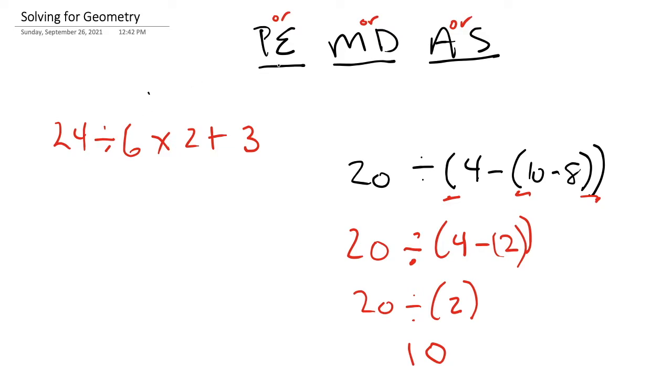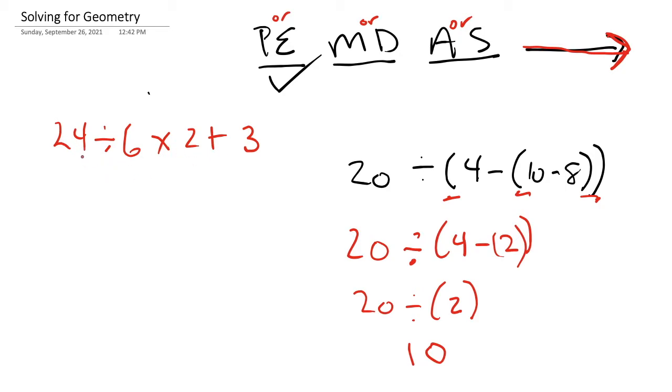You ask, are there any parentheses or exponents? No. Check. Are there any multiplying or dividing? And there are two. There is a division and a multiplying. So we go from left to right. We always go from left to right. We don't just do the multiplication first. From the left side, like you're reading, you always go from left to right.